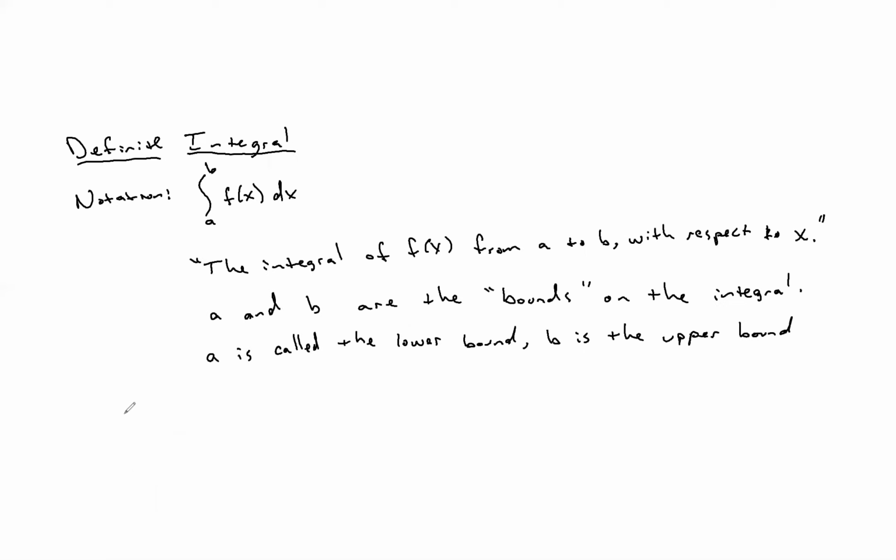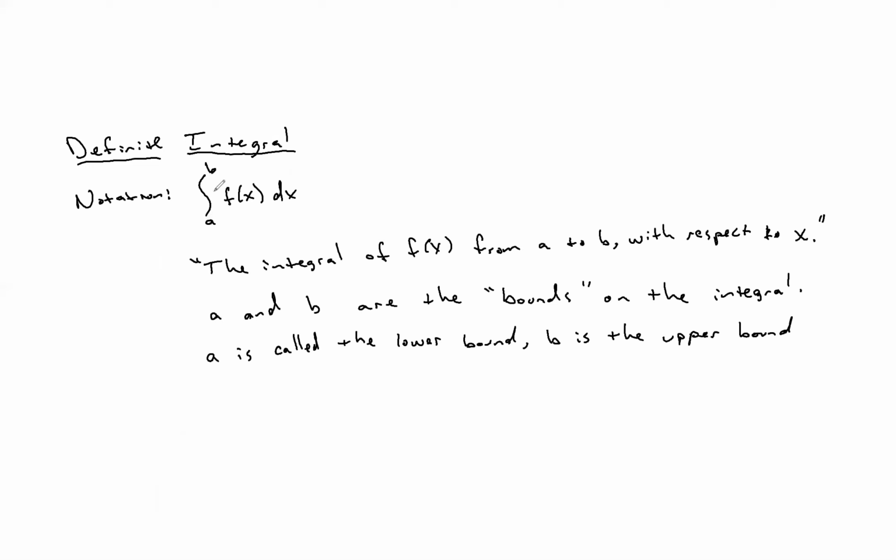For a definite integral, you still have this integral notation like we had with the indefinite integrals back in chapter 4. The only difference is we have some numbers, a and b. So a and b are just numbers like 0 and 4 or 1 and 7, attached to this integral sign.